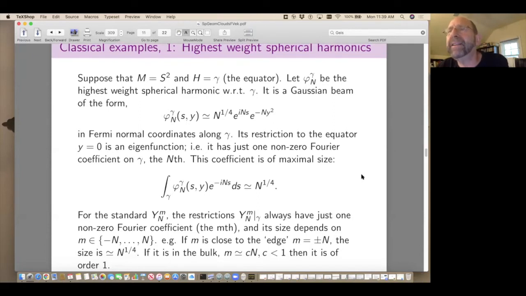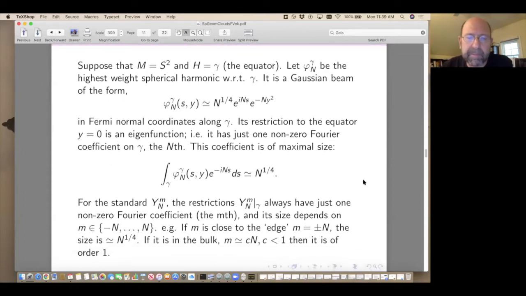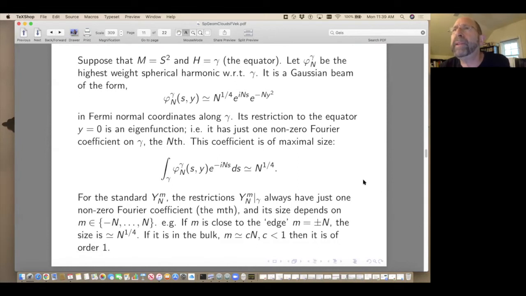In fact, it's kind of the unique object that does. I won't say that very seriously, just as a kind of intuition. And yet it has only one Fourier coefficient that's not zero. And consequently, it also is going to saturate Fourier coefficient bounds. So Gaussian beams just permeate the theory of eigenfunctions.